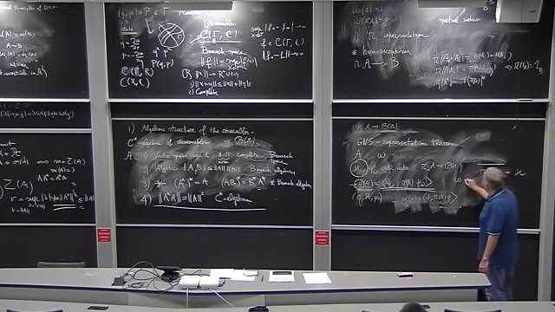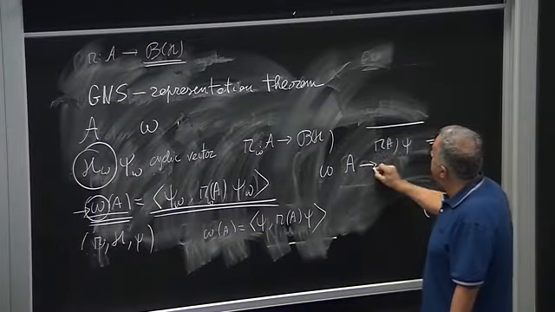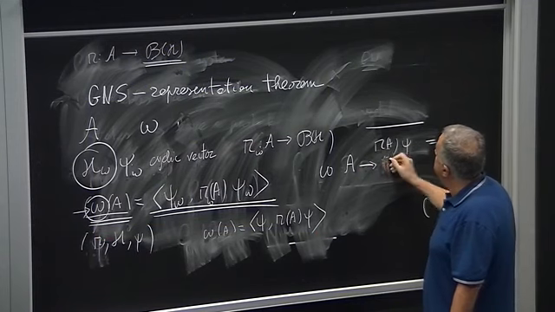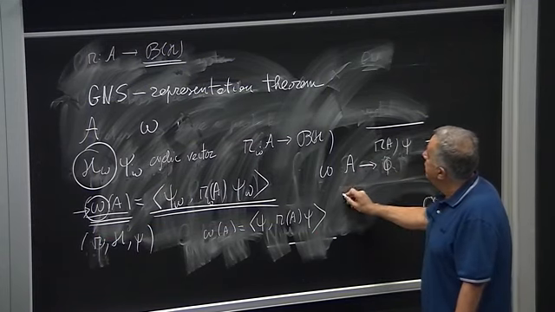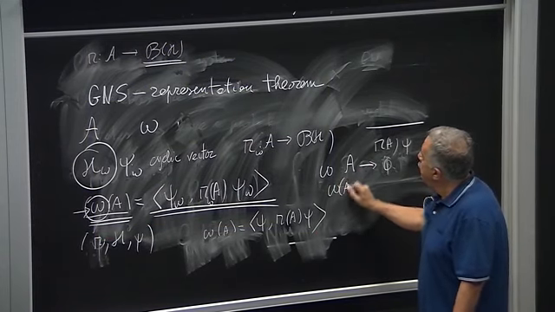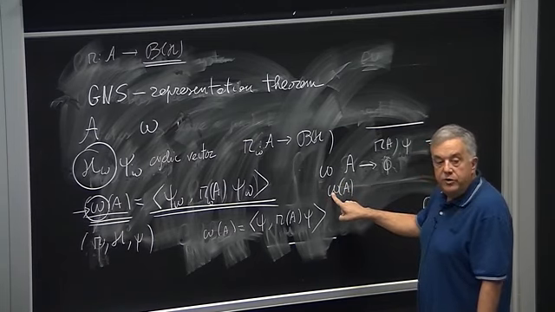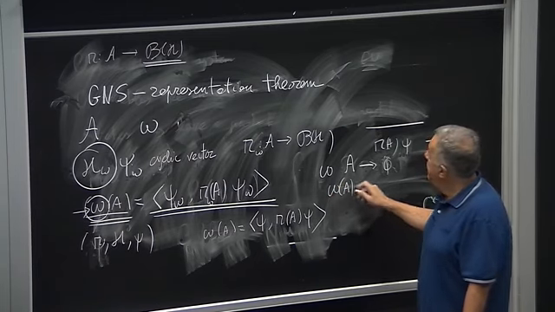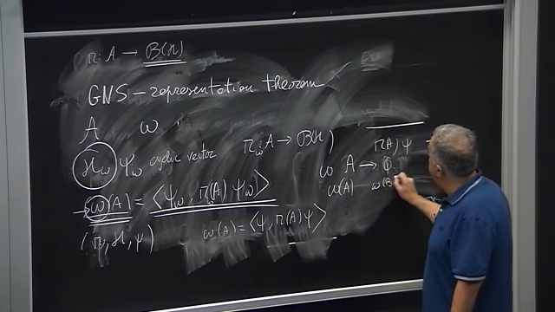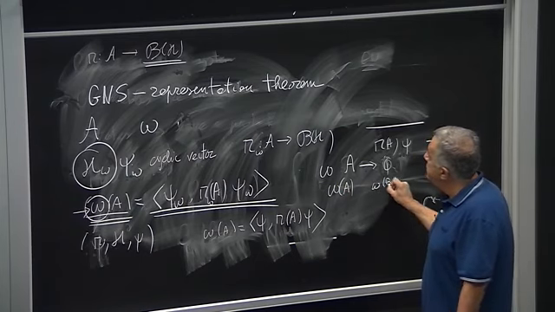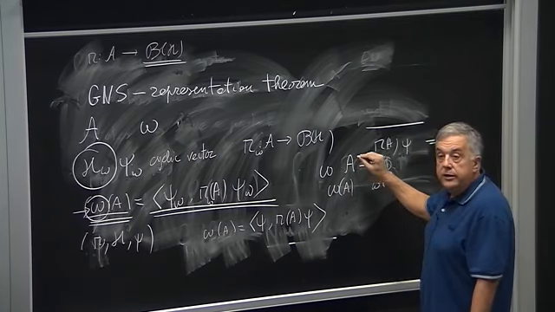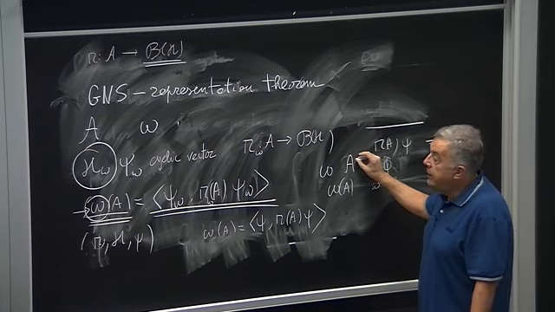But what does it mean, a state? It means that it is a map from the algebra to the complex numbers. It means that if you have an observable, you know what the expectation value of the observable is in the state omega. If you have a second observable, you know this also. And you know these numbers for all the elements of the algebra.